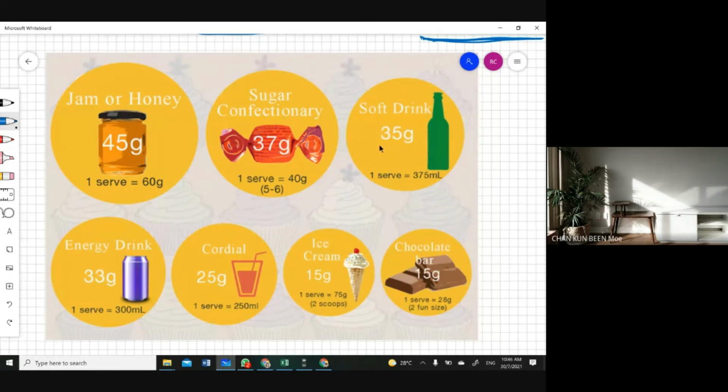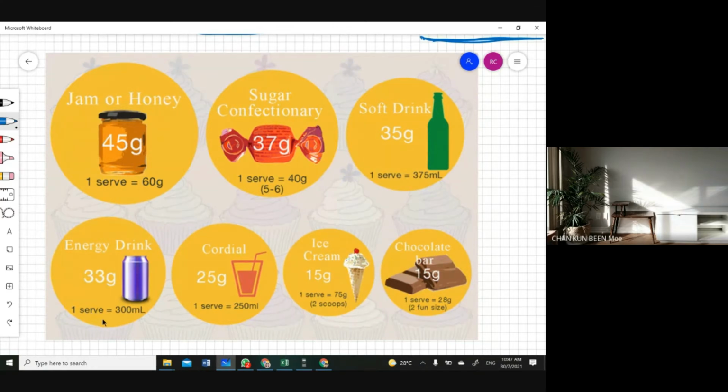That's a lot already. Chocolate bar, if you get one serve, which is 2 fun size like this, 4 pieces, you are going to get 50 gram of sugar. Ice cream, one serve, which is 2 scoops of ice cream, you are going to get 15 gram of sugar. Cordial drink, one serve, 250 ml means 1 cup. So 1 cup is 25 gram. That's a lot.